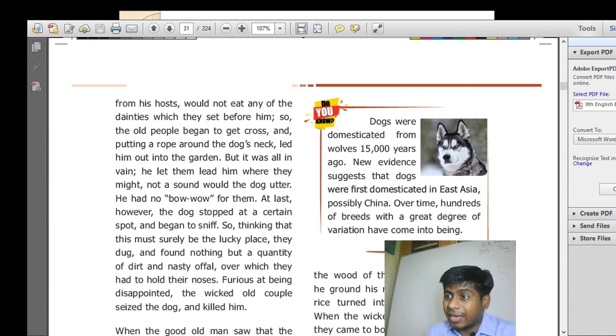I know, like earlier for that old couple, it sniffed some place and started barking and wagging his tail. Nothing happened here, but it stopped at a certain spot and began to sniff. And when it sniffed, this couple thought this is the lucky place for them. The dog is sniffing, so they started digging around, but they didn't find treasure.